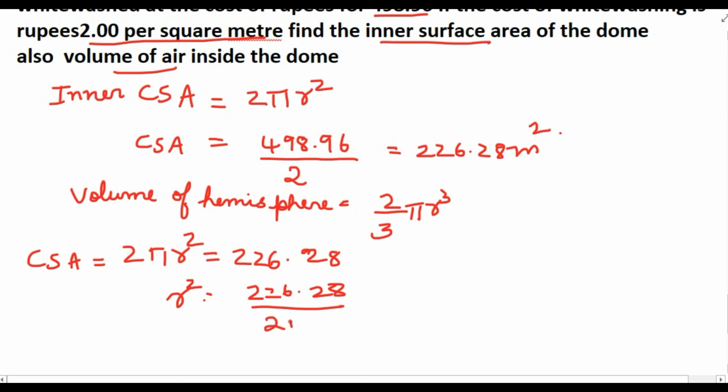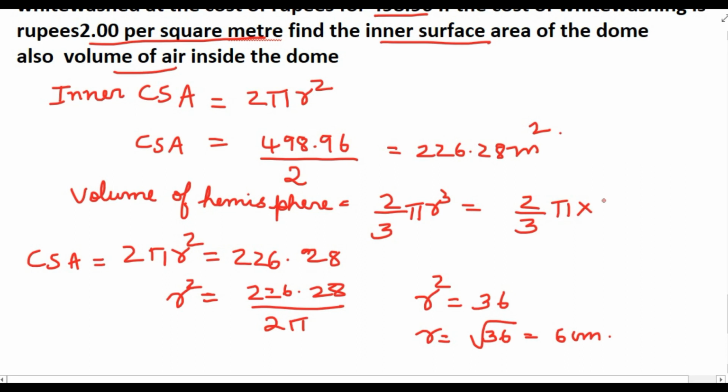When you do this, you get R square as 36. R will be the square root of 36, that is 6 meter. Now that we have the radius, we can easily find the volume of the hemisphere, 2 by 3 pi 6 cube, which is equal to 452.57 meter cube.